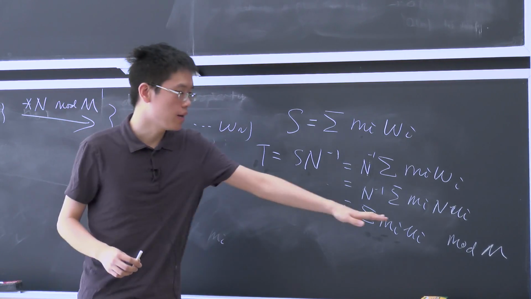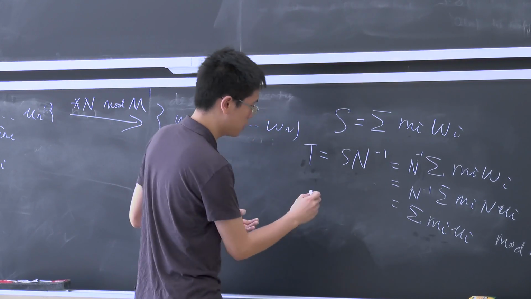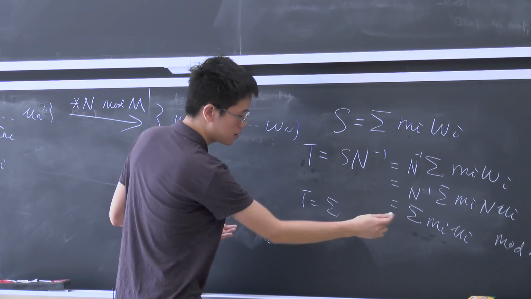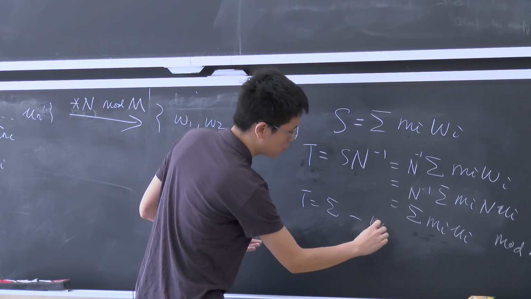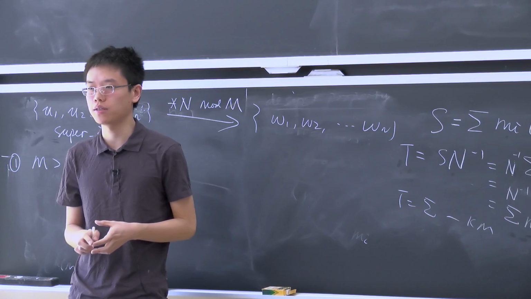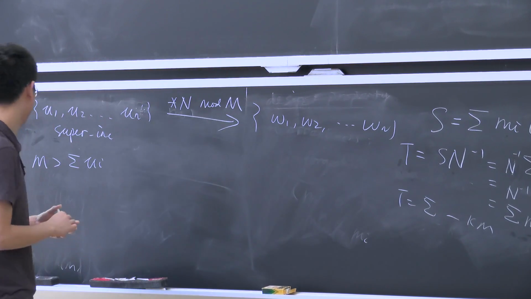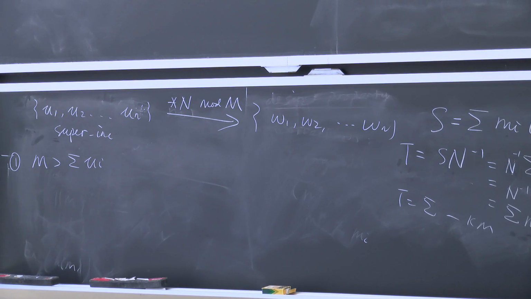If m is too small, then I have a problem, because then my t will be this subset sum minus some multiple of m. Then it's a different problem. I do not get the same message back.